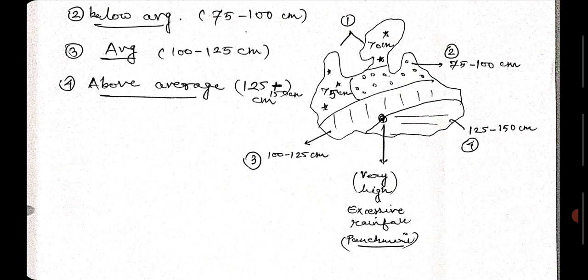And one more region is the excessive rainfall region, very high. For example, Pachmarhi, very high excessive rainfall.